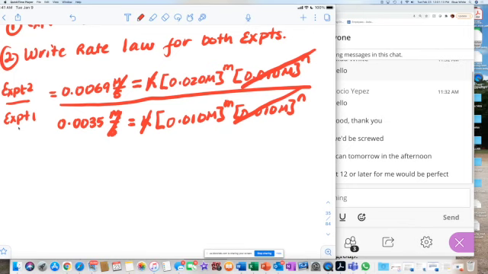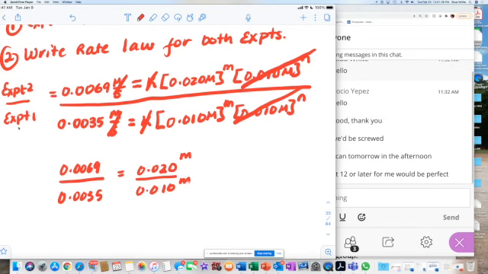Now we can consolidate, right? We have 0.0069 here divided by 0.0035 equal 0.020 over 0.010 raised to the power m. Okay, this is what we're left with. Now, mathematically, we're going to consolidate this even further.